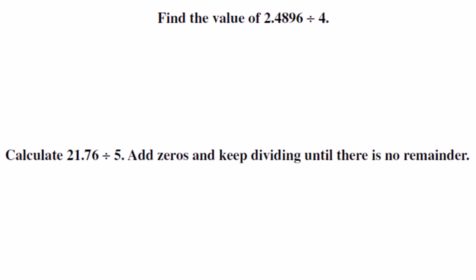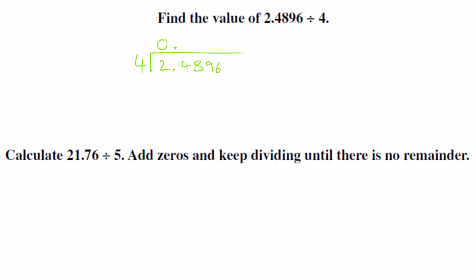Got a question here. I write it as I would for a whole number. So I go 2, and then let's write 2.4896. Remember, put the decimal point at the top in the answer, in the same position. So I go 4 divided by 2, I put a 0.